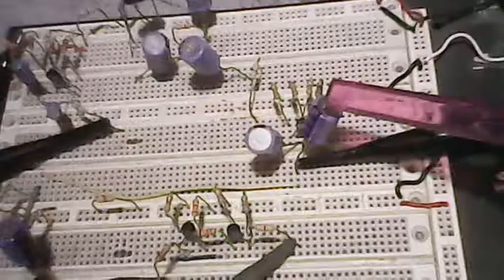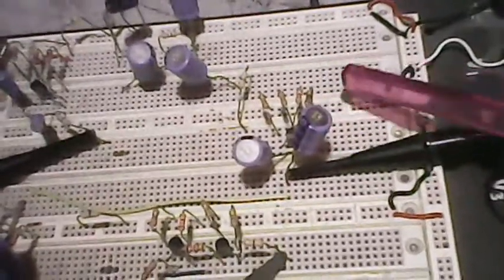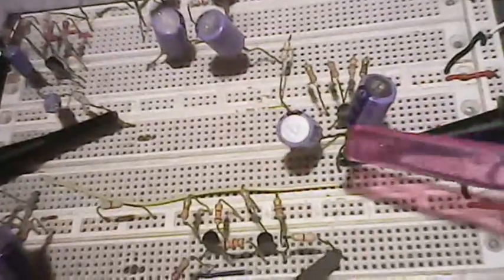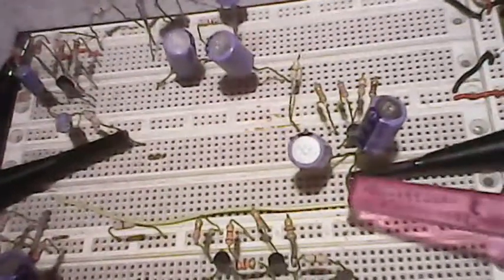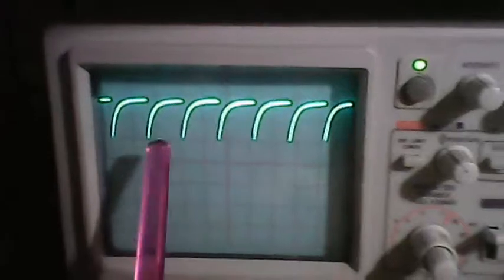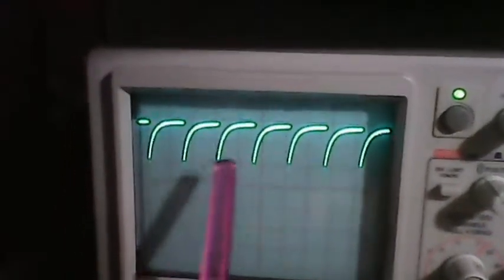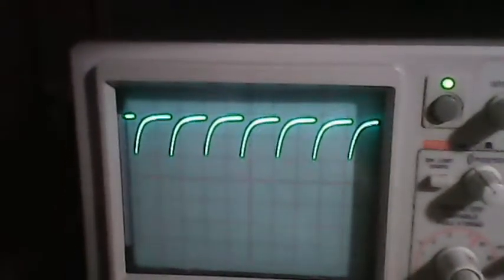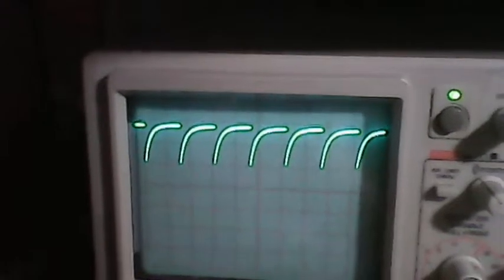This amplifier is connected to the power supply, which is the same power supply as the multivibrator, and I want to see if there's any signal coming out of here that could indicate a problem on the power rail itself. And sure enough, that's exactly what I have. I have a square wave output off of an amplifier that has no input signal coming into it. The only thing happening is that it's amplifying what's going on on the power rail.